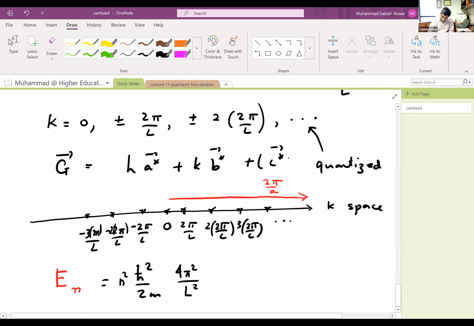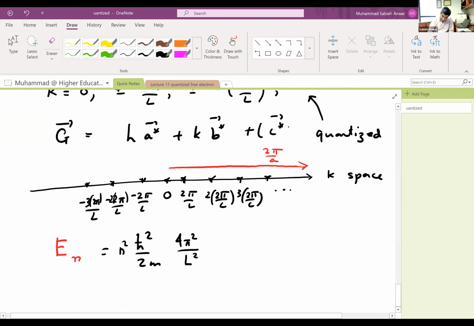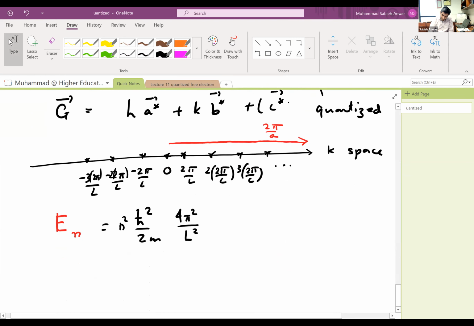Okay, this is k square. So my energy now becomes quantized, and I can characterize the energy by this quantum number n. And the quantum number n is called the spatial or the orbital quantum number, because it is dealing with waves in space. Okay.